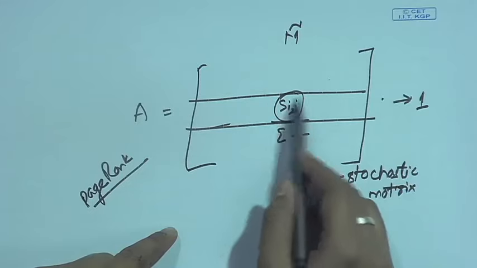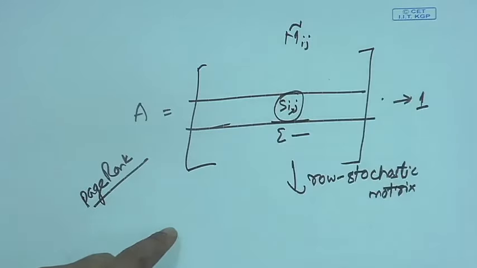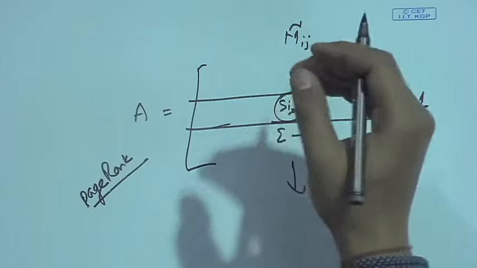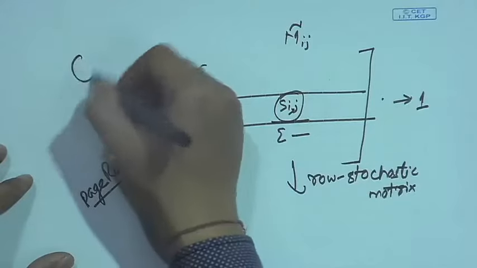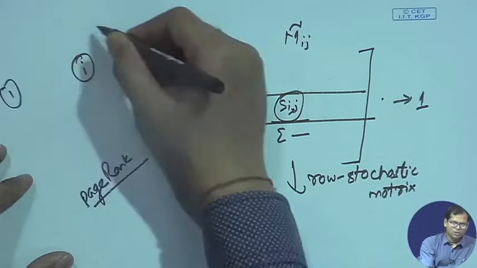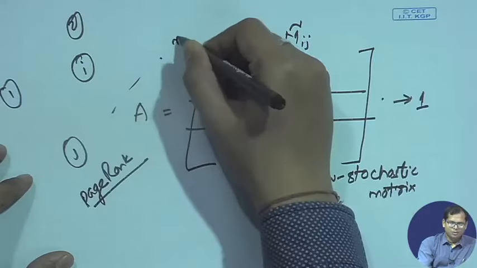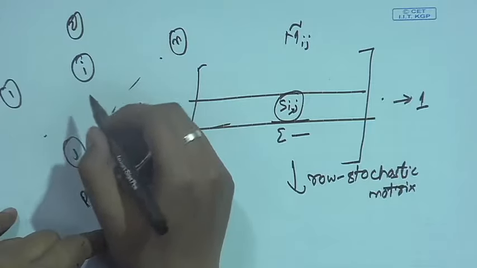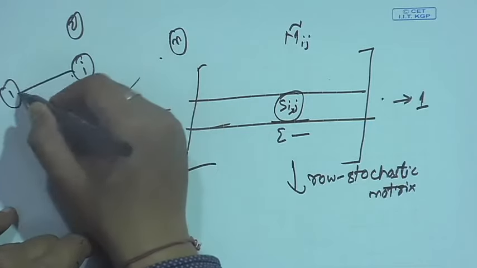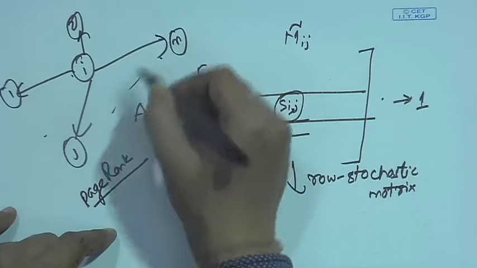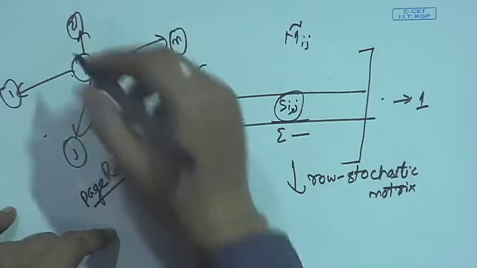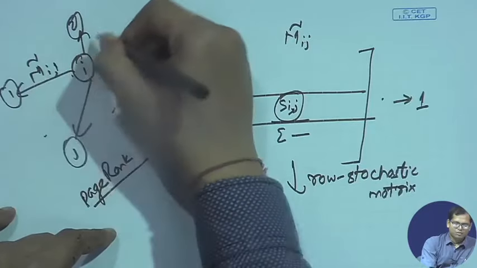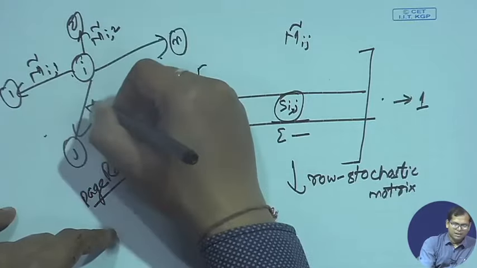Now this M tilde ij will be the probability with which you are going from node i to node j. Assume you have a graph, node i, and there are all other nodes, node 1, node 2, node j, up to node n. The idea is that you are doing a random walk on this graph. At some point of time, you are at node i. From node i, you can go to all these nodes. There is a probability with which you can go to different nodes, that is M tilde i1, M tilde i2, M tilde ij.